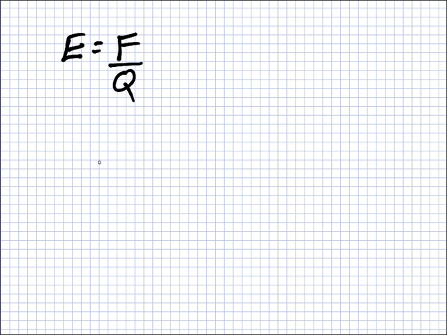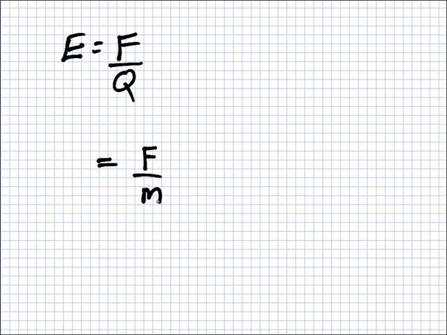So what might be the field strength for a gravitational field? Well, that would be the force, but not divided by the charge, because there's no charge here. What's making the field? What causes the gravitational field to appear? It's the mass.